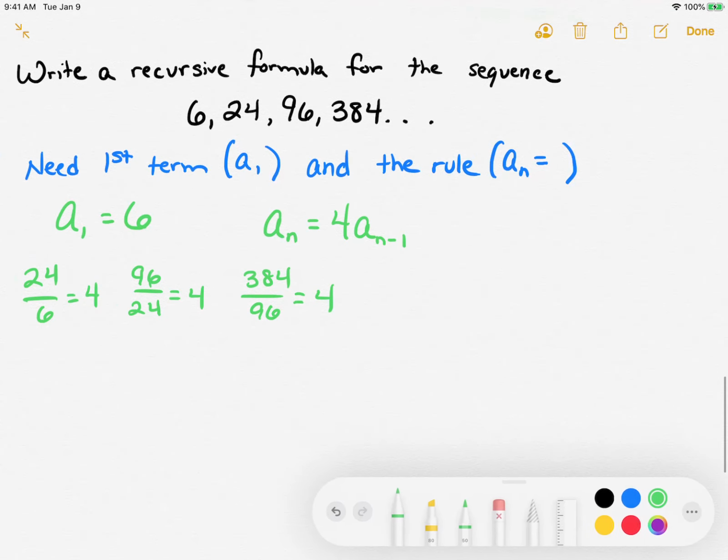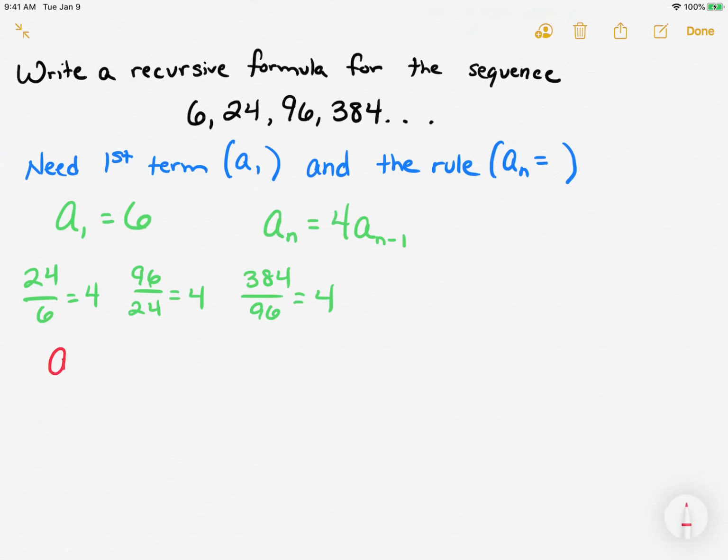So our recursive formula is, the first number is 6. The rule is, I'm multiplying the previous term by 4. And as with all of these, it works from the second term on.